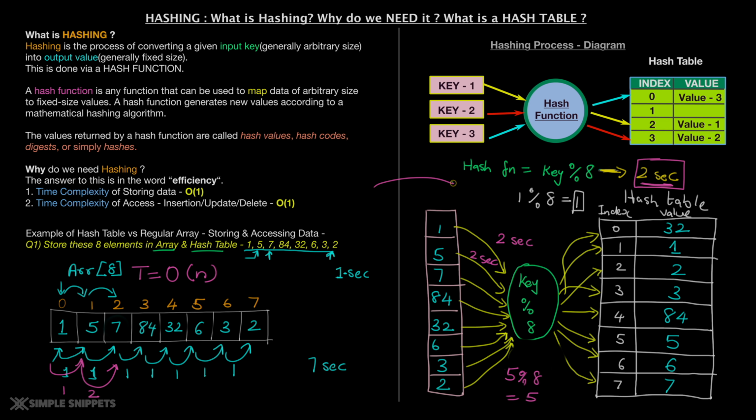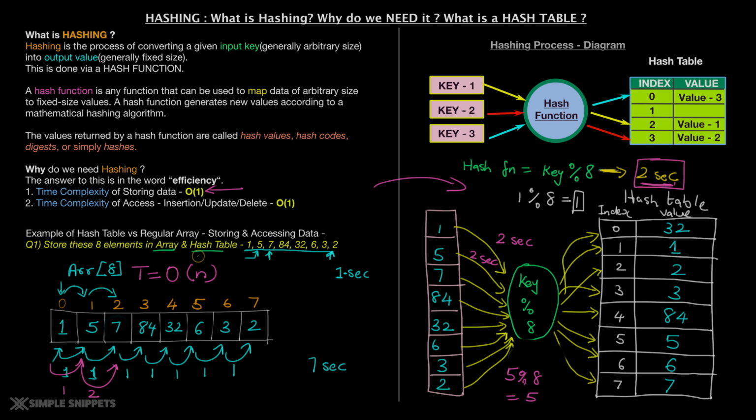Whereas if you come to the hash table, the calculation of indexes always takes 2 seconds, and as soon as you calculate the index position, you simply have to store it at that position. So it is always gonna take 2 seconds or whatever seconds it takes to access a particular memory location, which means that it is constant time. Okay? Alright, so this was time complexity for storing data.